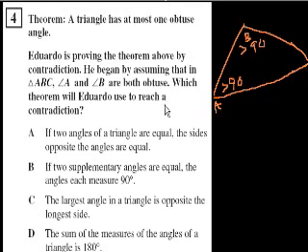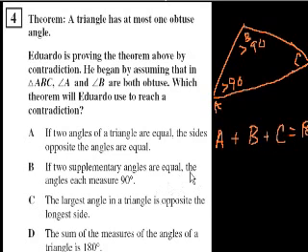Which theorem will Eduardo use to reach a contradiction? Well, before even reading the choices, think about it. What do we know about triangles? That all of the angles add up to 180 degrees, right? So if this is angle A, this is angle B, and let's call this angle C, we know A plus B plus C has to be equal to 180 degrees.